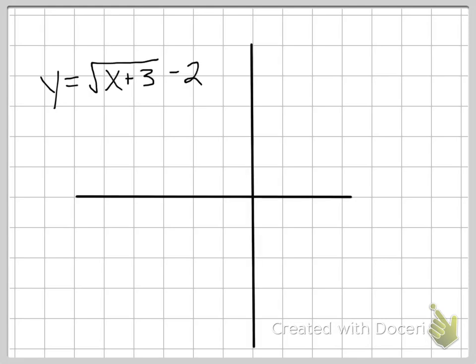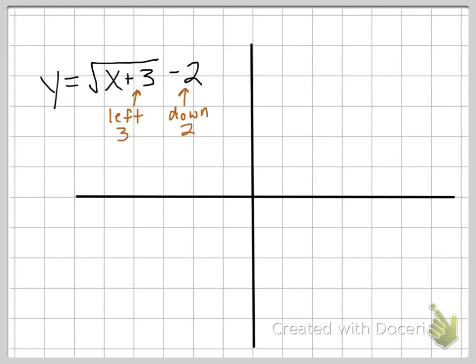So now we're going to look at a radical graph. We should be able to graph this, and then we'll look at it together. All right, we have a plus 3 in our h position, so that tells me left 3.